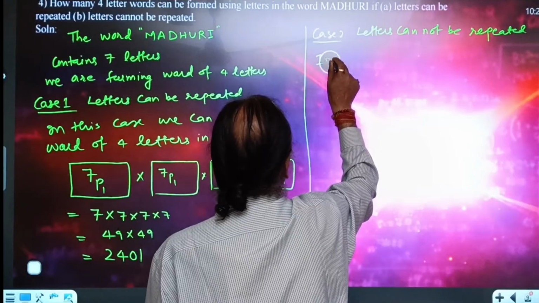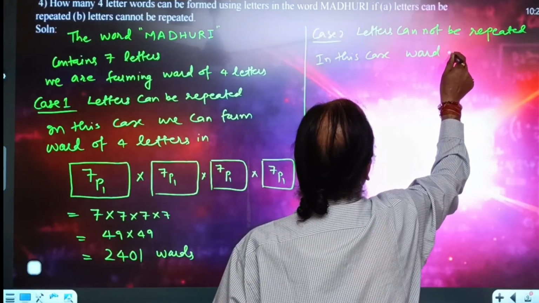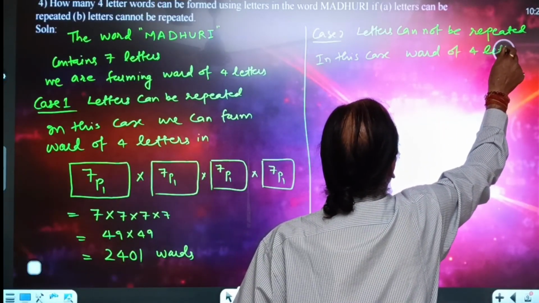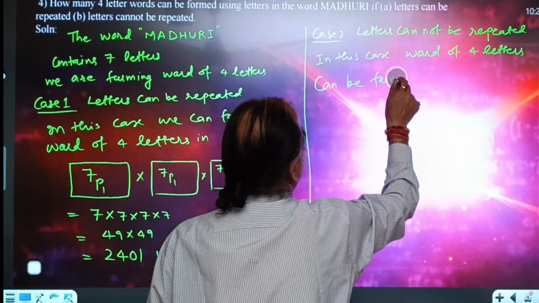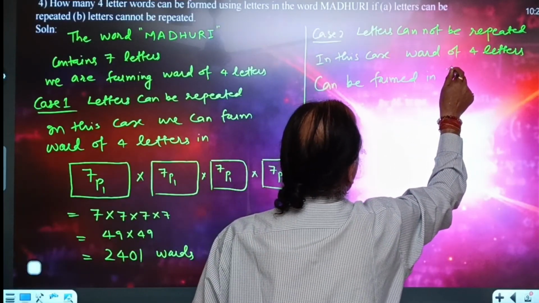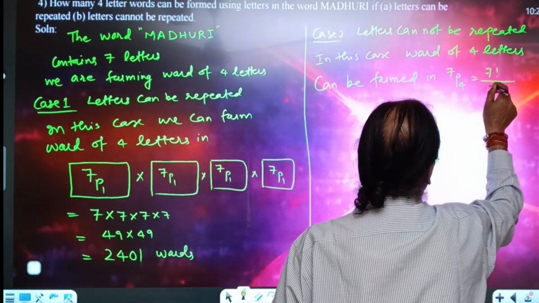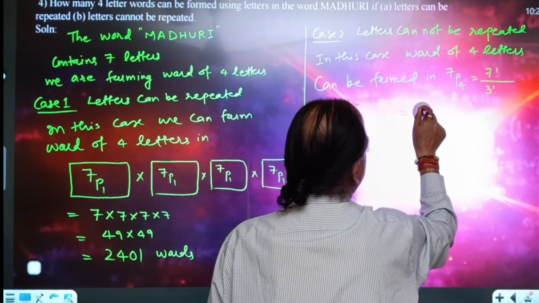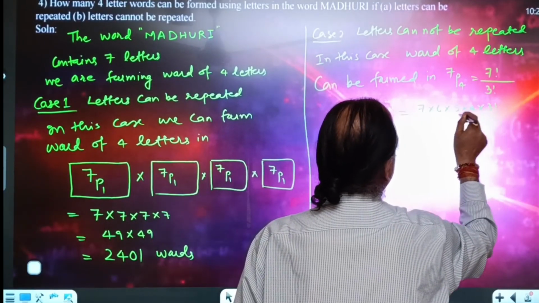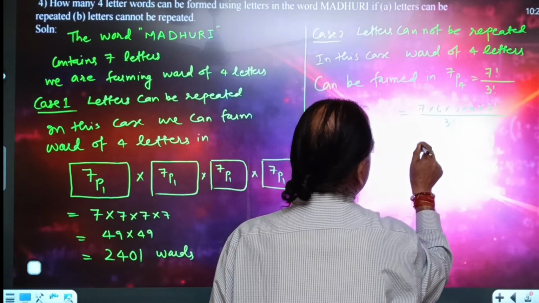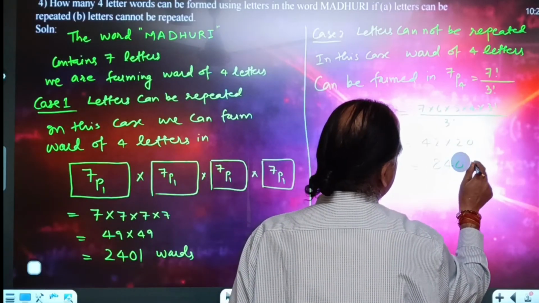In this case, a word of four letters can be formed in 7P4, 7 factorial upon 7 minus 4, which is 3 factorial. 7 into 6 into 5 into 4, 3 factorial upon 3 factorial, 42 into 20, 840 words.